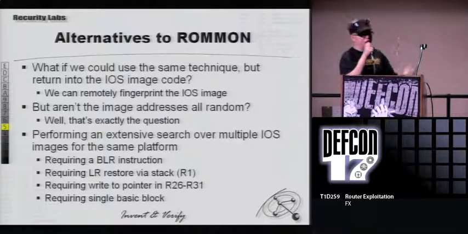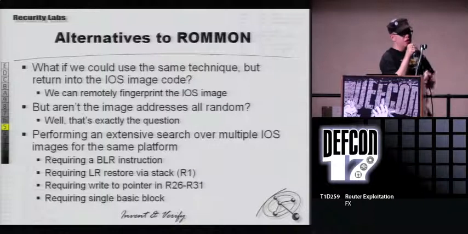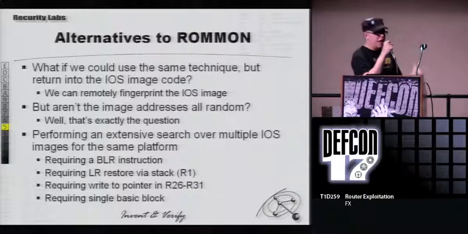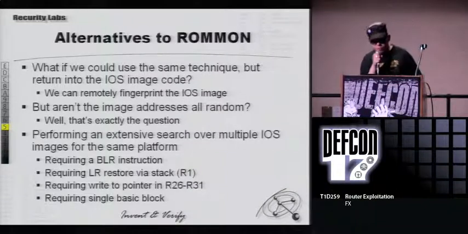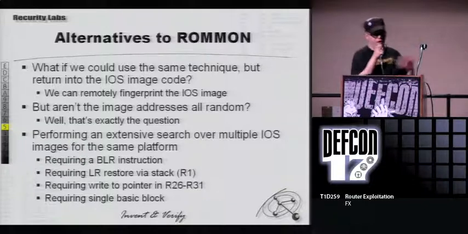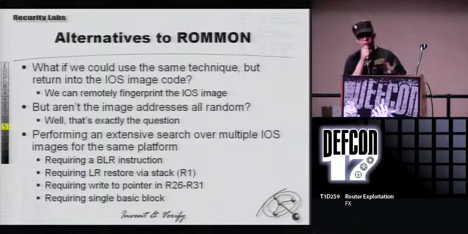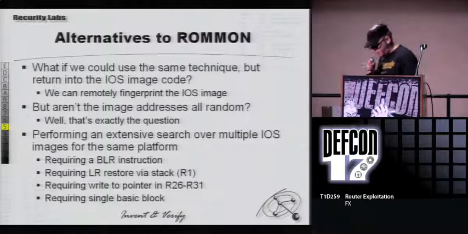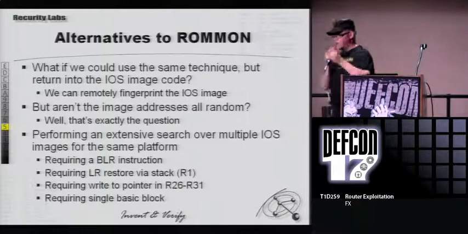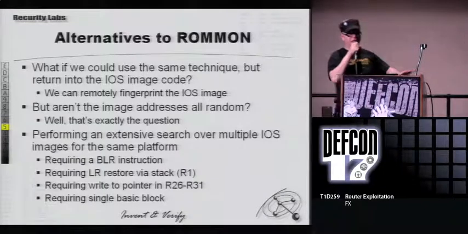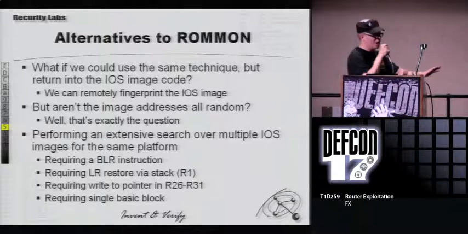So what alternative method could there be to actually return without ROM1? Return directly into the image, because that you can actually fingerprint. Well, the problem here is that we just said they're all different and there are many of them. But the question is, how different are they really? So I did what every good geek does with a new project: you buy new hardware.